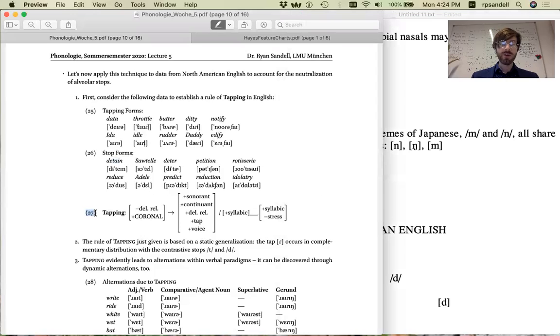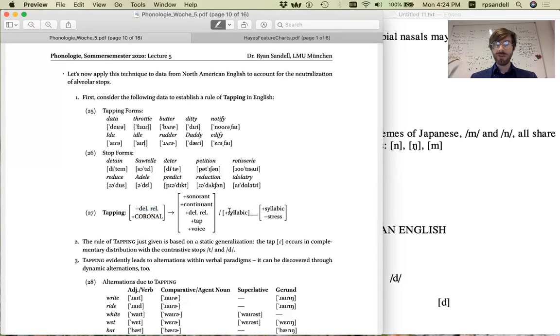I'll take over the rule in 27 from Hayes' textbook for accounting for where this tapping process occurs. So if we have a coronal segment which is a stop, it becomes a voiced tap. So all of these features change. It becomes plus sonorant, plus continuant, plus delayed release, plus tap, and plus voice.